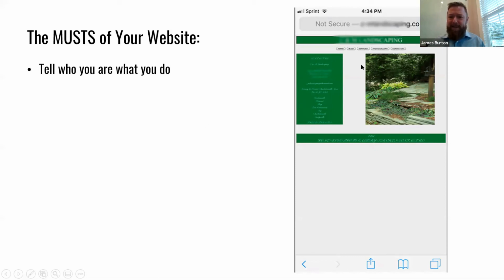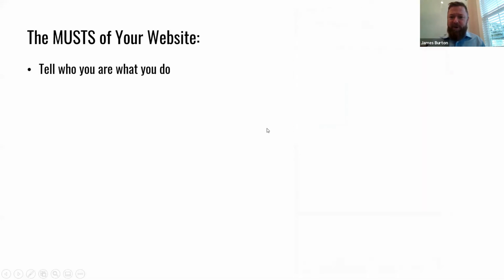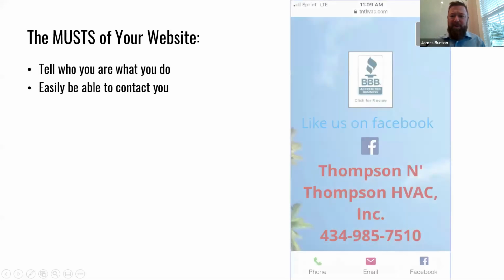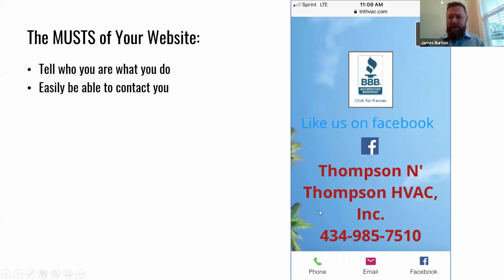You can see landscaping up here, but it's really not a user friendly experience. We want to make sure that people can contact you. This was an HVAC company I saw, and I grabbed this. And so you can see on your mobile experience for your website, you can do things to make sure that people can contact you: phone, email, social, link through this website.